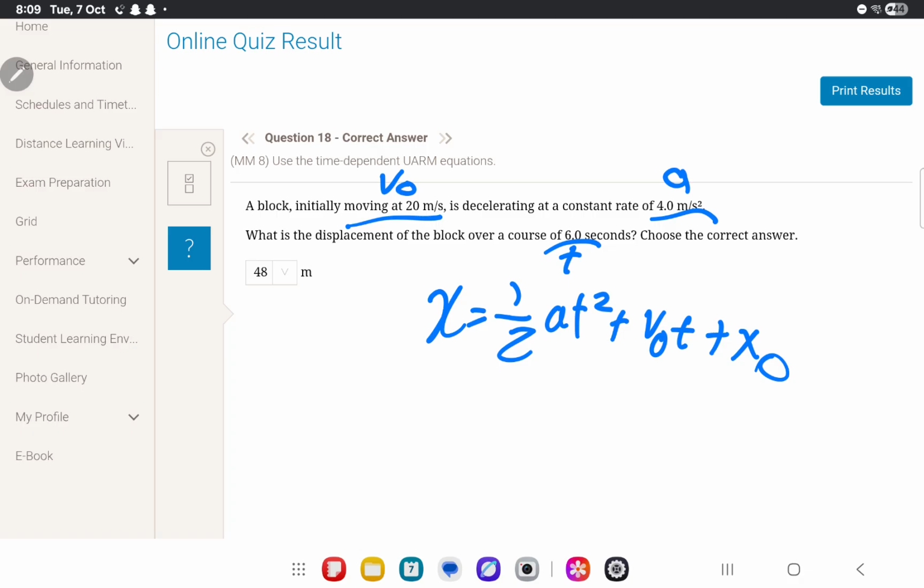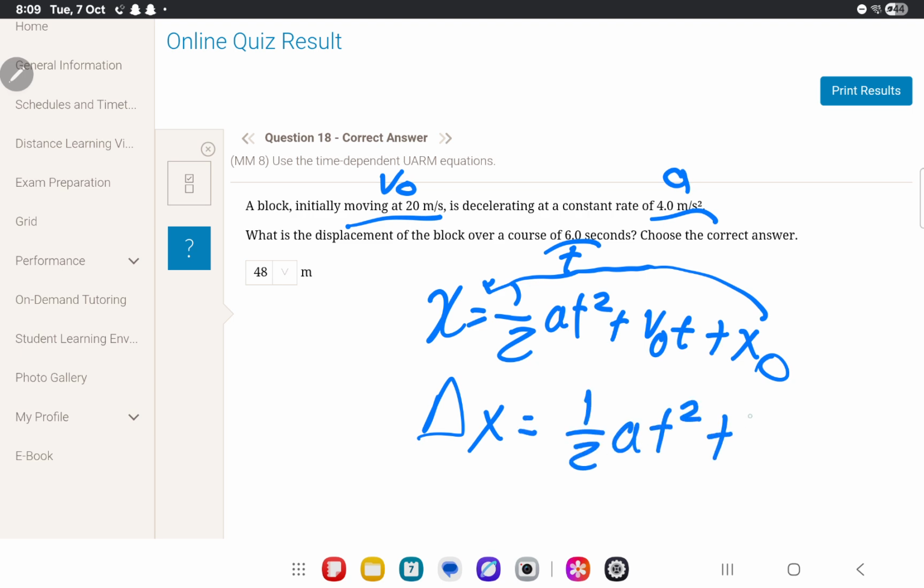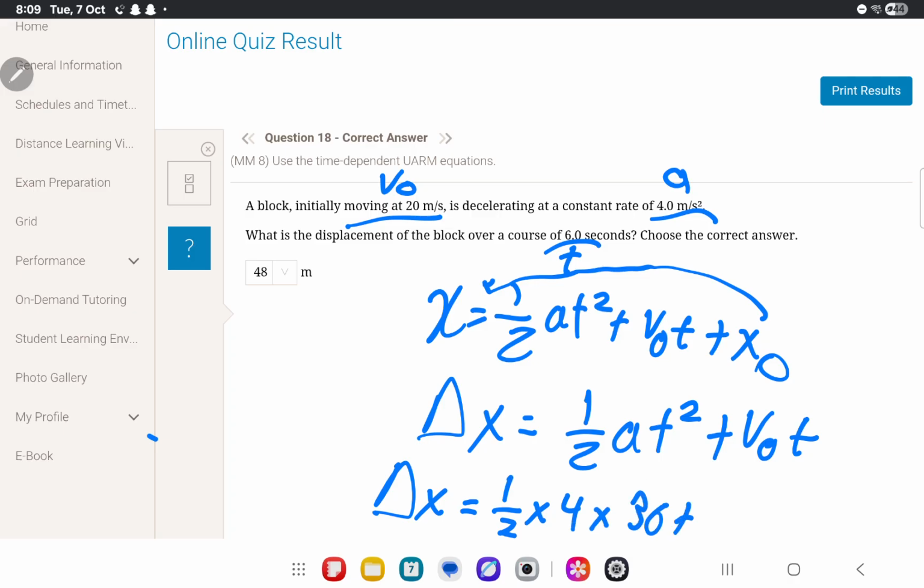The displacement means you take x0 to the other side, so delta x is equal to half AT squared plus V0t, right? So delta x is equal to half times A, which is 4, times t squared, t is 6, so times 36, plus V0, which is 20, times 6.